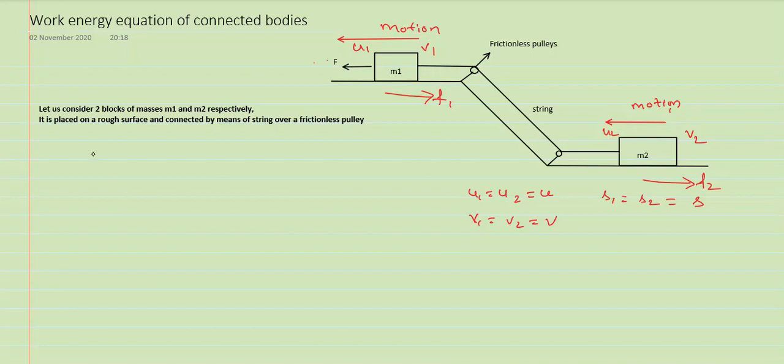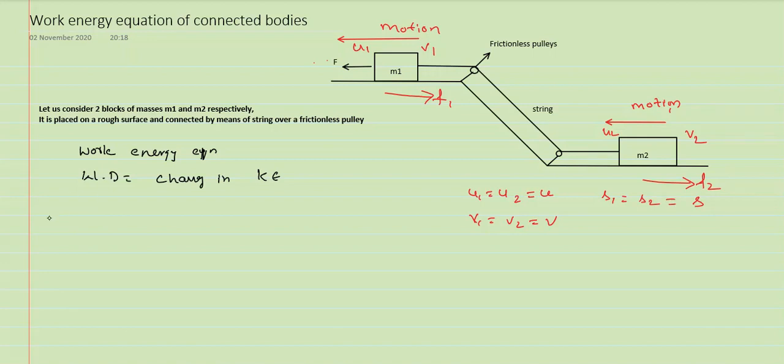We have to remember one thing. We know the work energy theorem, or work energy equation. According to the work energy equation, work done is equal to change in KE. KE means kinetic energy, that is final kinetic energy minus initial kinetic energy.